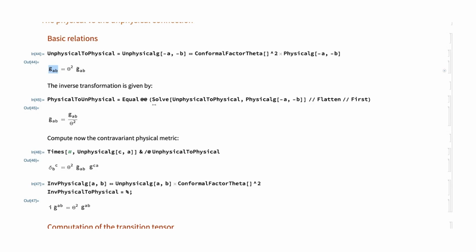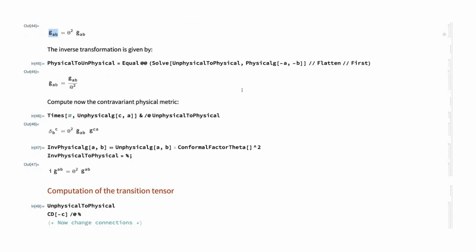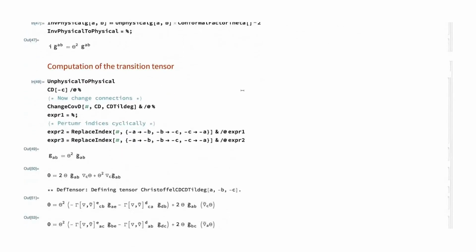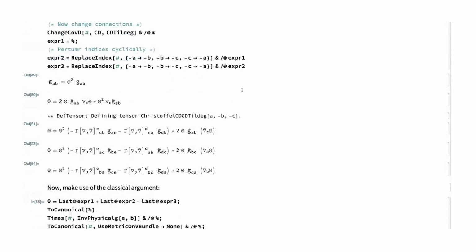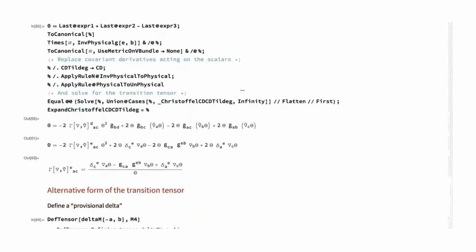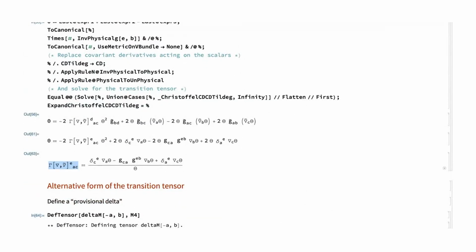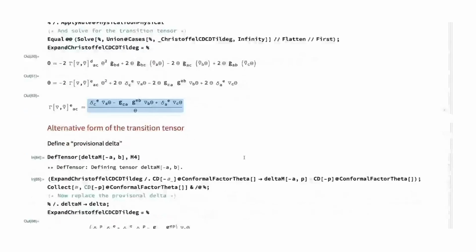This gives you a setting which is completely self-consistent, where you don't have to worry about borrowing pieces of equations from different origins, or where there may be clashes of notation or conventions. And then you go on, using standard tricks, as if you were doing this by hand, step by step, and derive the transition tensor that connects the two connections. It is given in terms of derivatives of the conformal factor.